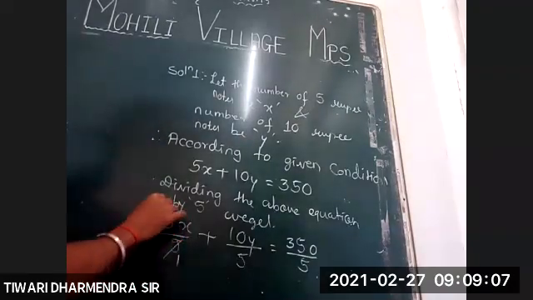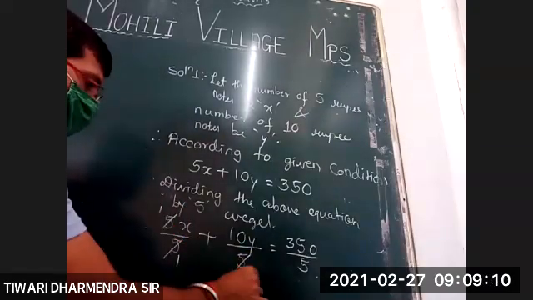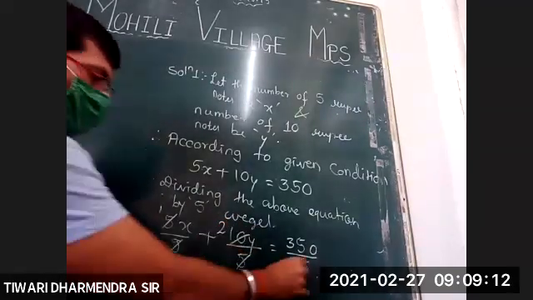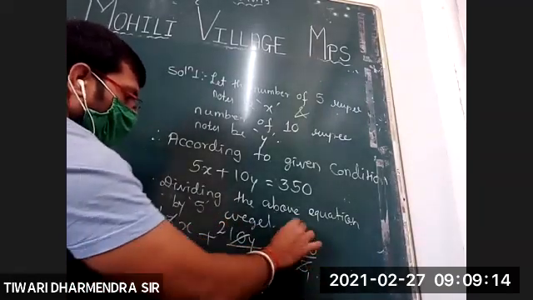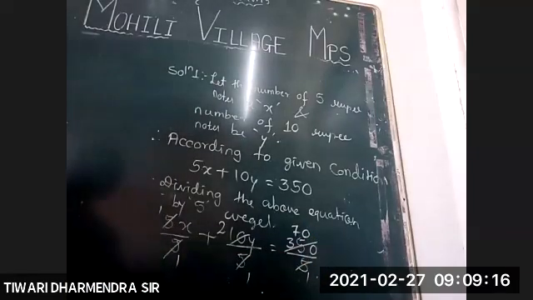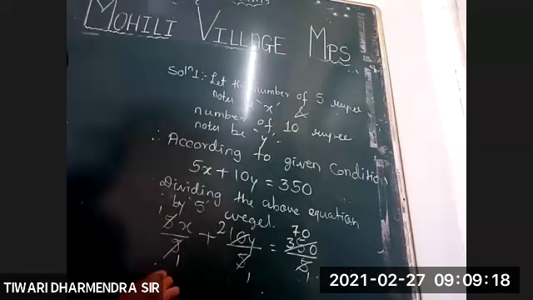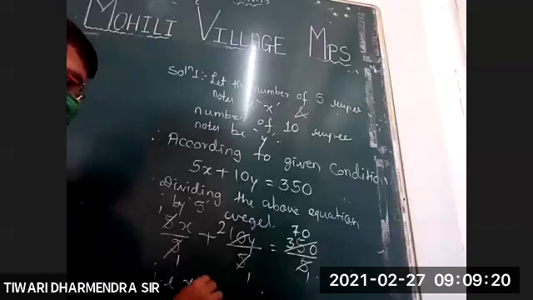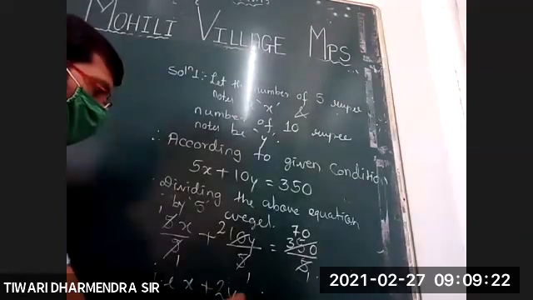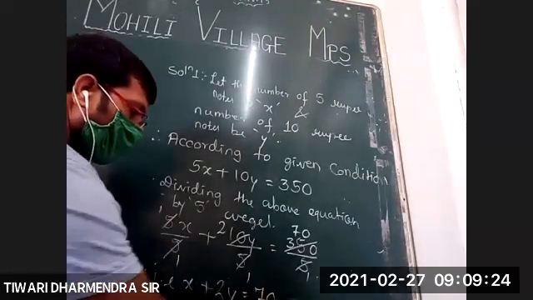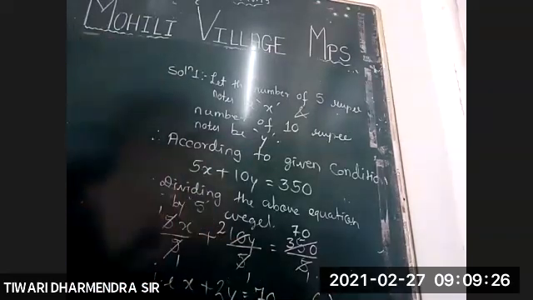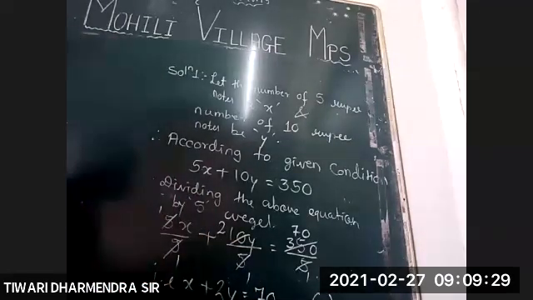Cancel, 5 ones are 5, 5 twos are 10, 5 sevens are 35, so 70. That is x plus 2y is equal to 70. Say this is my equation number 1. Hope steps are clear.